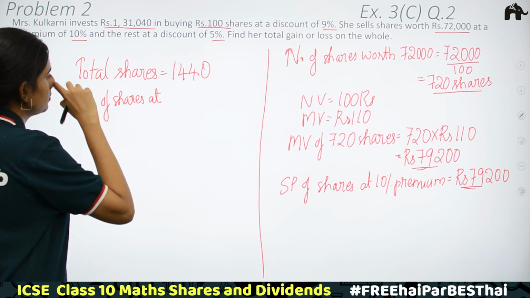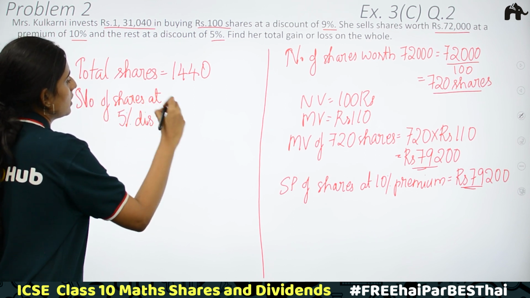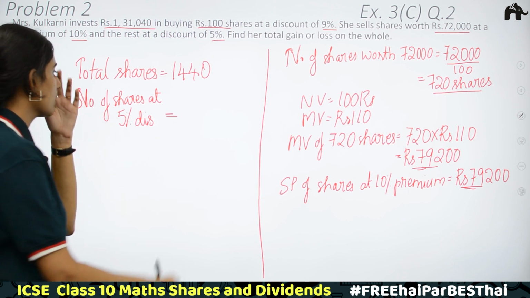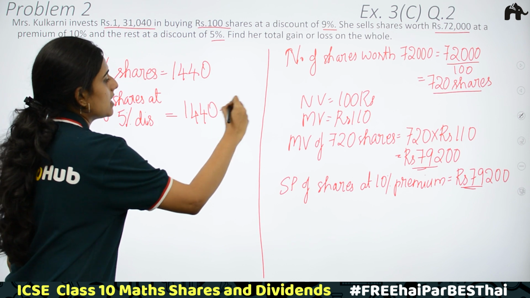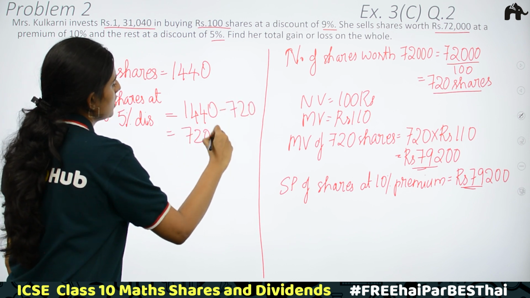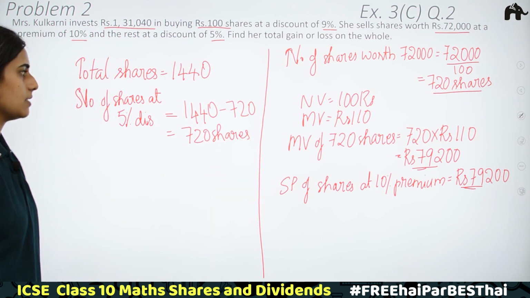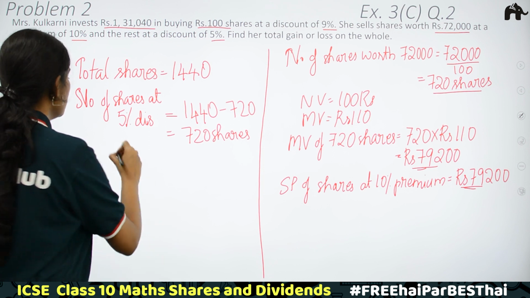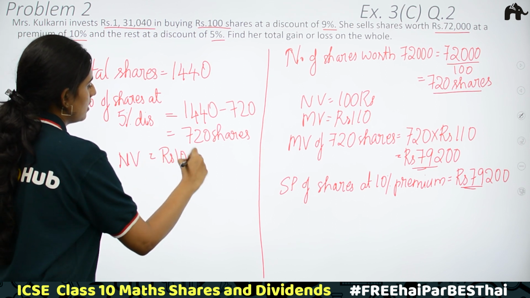Then the number of shares at 5% discount will be equal to 1440 minus 720, which is again equal to 720 shares. Here again, the nominal value is rupees 100.